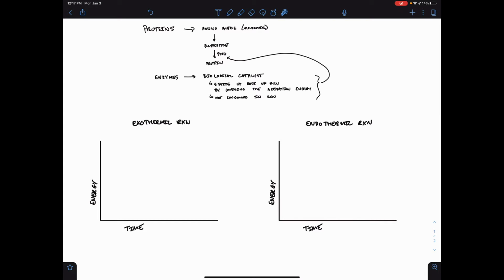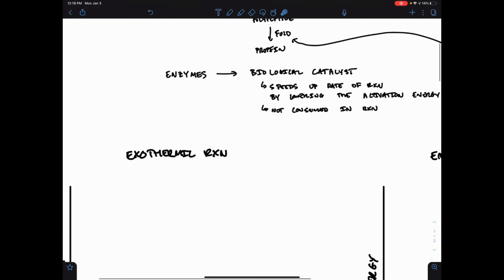Okay, but now taking a step back in order to take a step forward, I just want to quickly talk about two major classes of reactions. We have exothermic and endothermic reactions. An exothermic reaction is going to release energy.